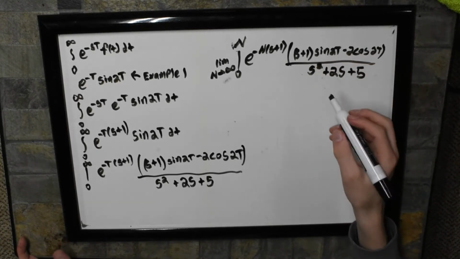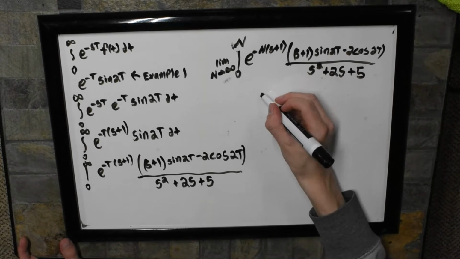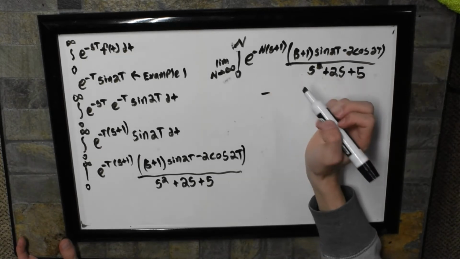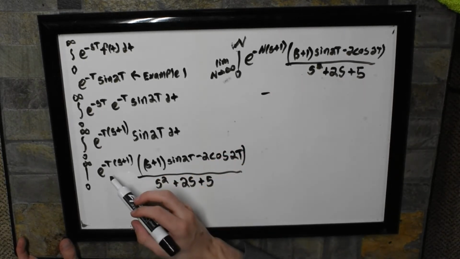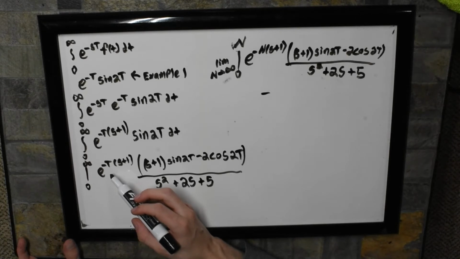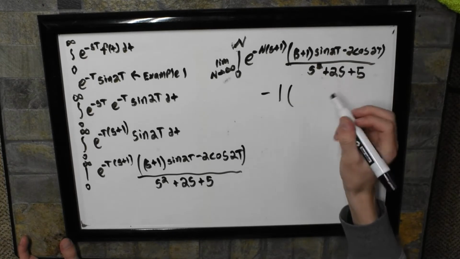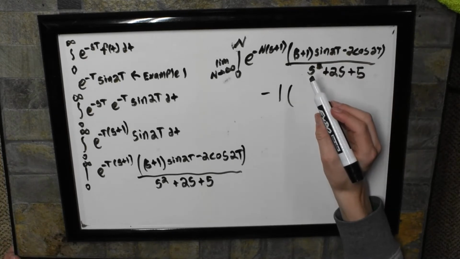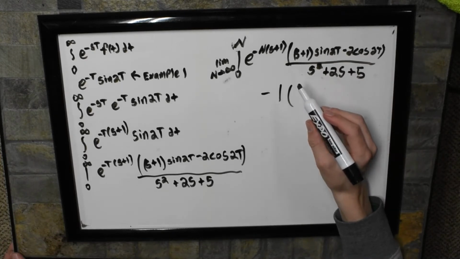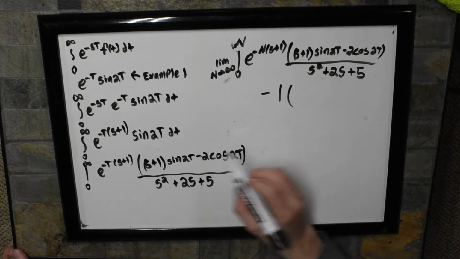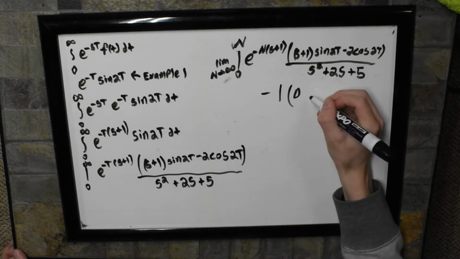And now, remember, we have to subtract the bottom term. Well, e to the t, or e to the 0, is just 1. So we have 1 times, sine of t here is going to equal 0, so 0.